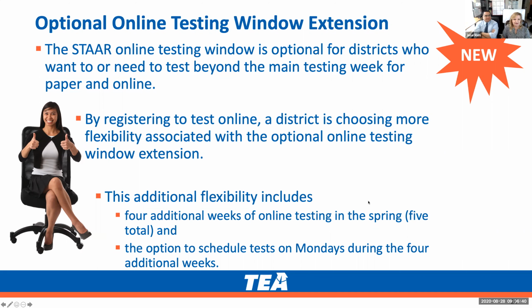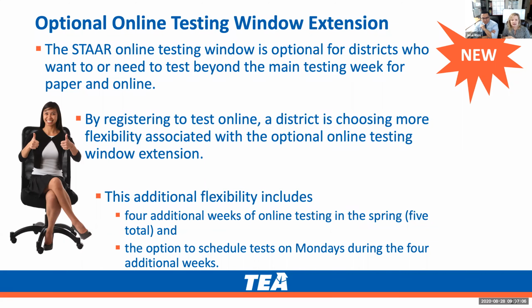So with the flexibility that districts have on the optional extended window for online testing, all they need to do is register, volunteer to say, hey, I want to test online, and then they get that additional flexibility. They get that extended 1 week or 4 week window, and they also get the option to test on Mondays.